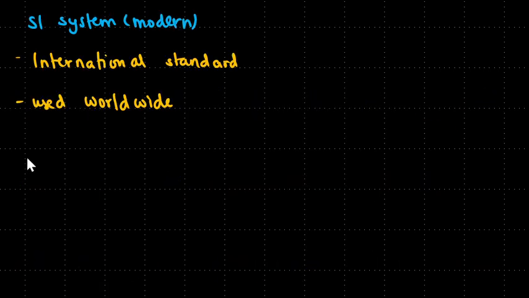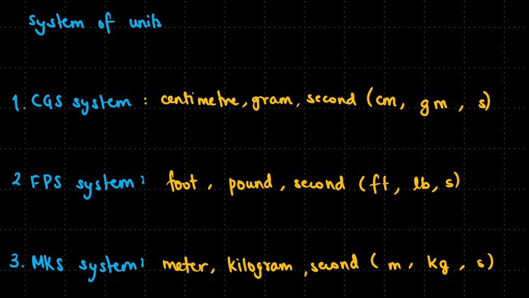We will talk more about the SI system pretty soon, but before that, let's talk about why only these four systems. Of course, there are more units, but why are we using these systems and highlighting them? The simplest reason is because they are good units. They work very well.